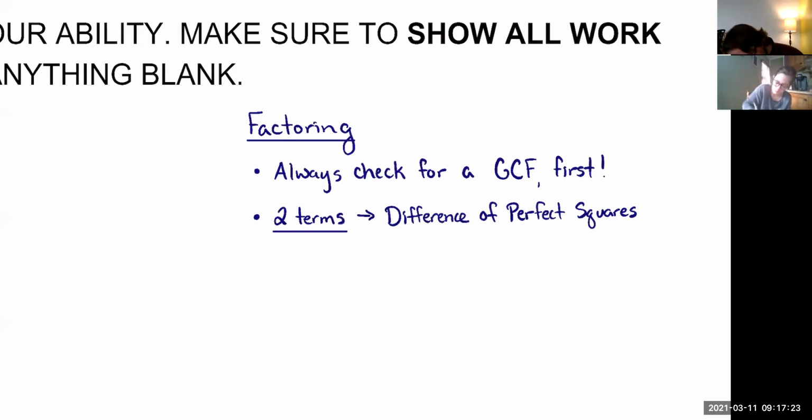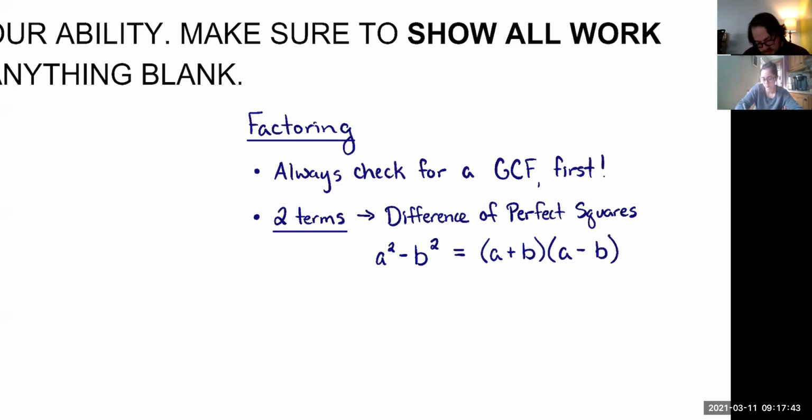But the formula was that if you had something squared minus something else squared, that automatically factored into the first thing plus the second thing, and then a second binomial where you had the first thing minus the second thing.